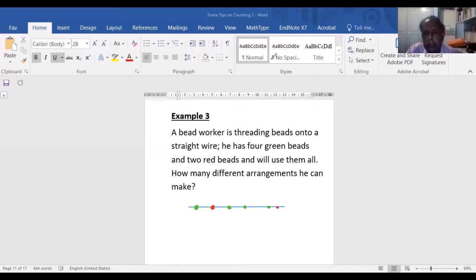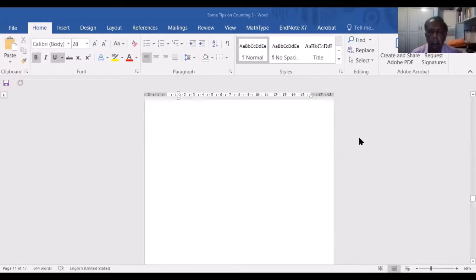You can think about it, and I'm going to go straight into the solution. Maybe I should go further down the page so you don't see the solution. Right.